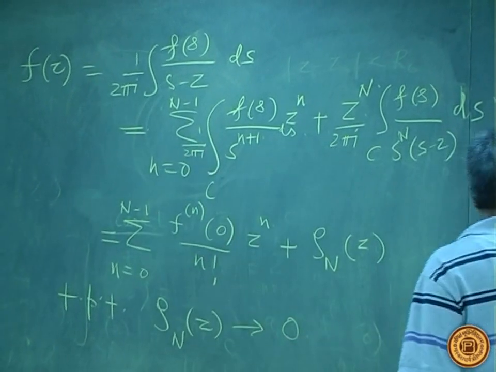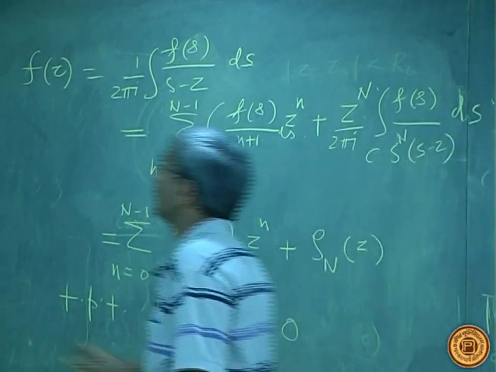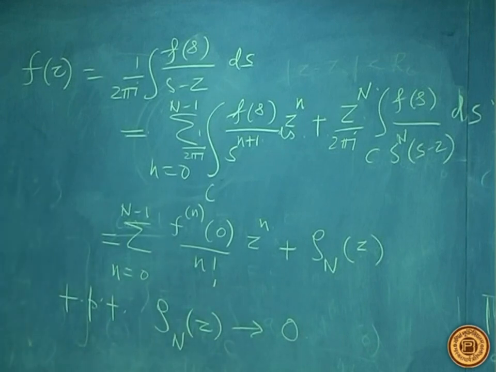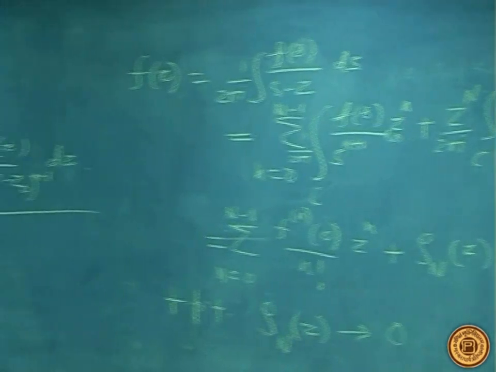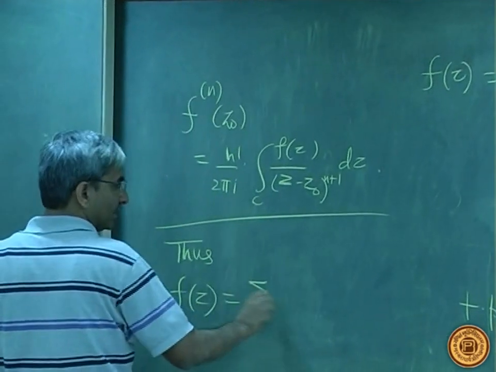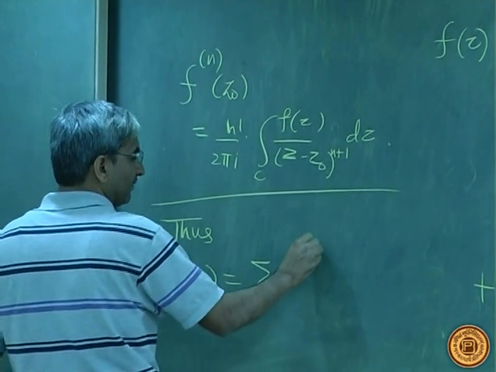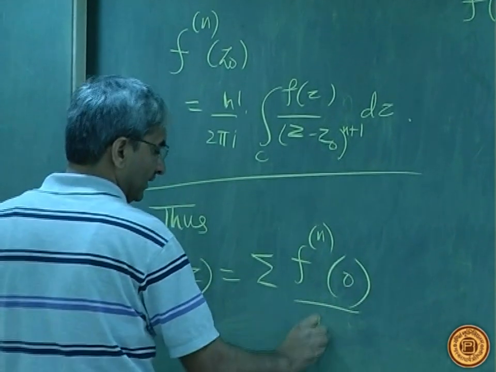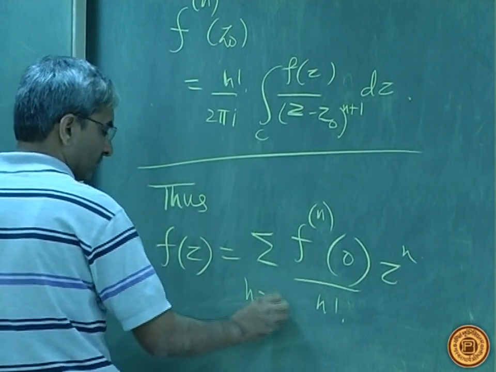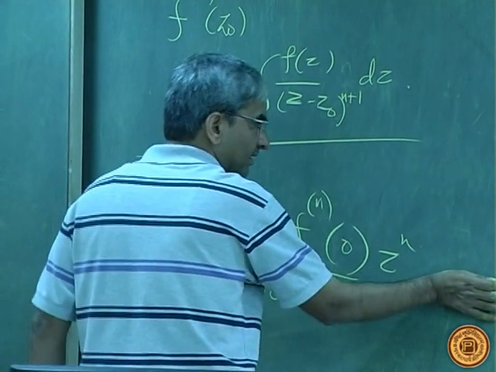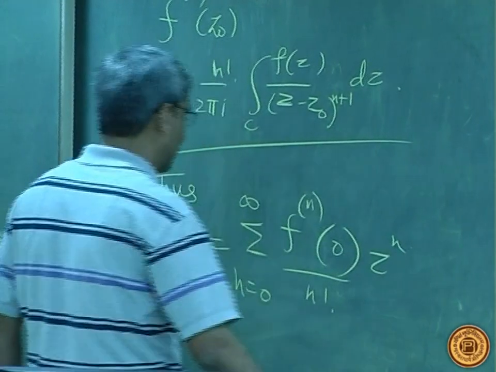So we have shown that Fz equals the summation of nth derivative at 0 upon factorial n into z power n, from 0 to infinity, because whatever the remainder term was, we have shown that it goes to 0 as n tends to infinity.